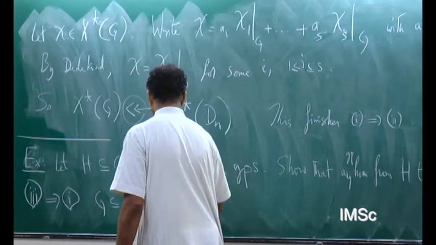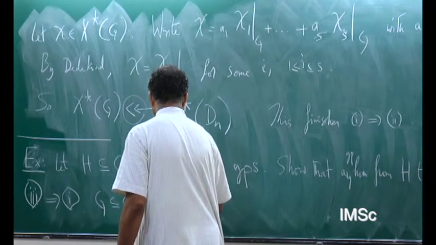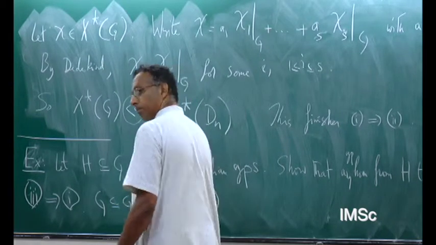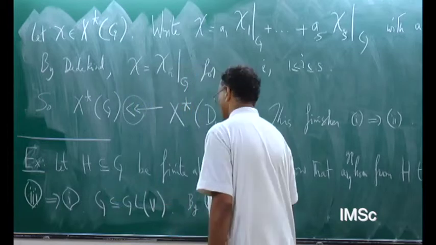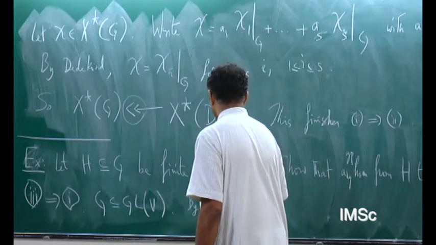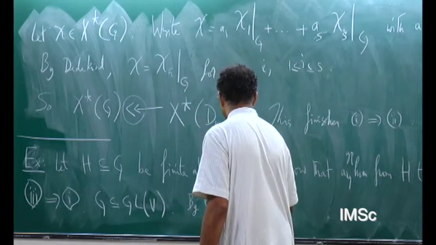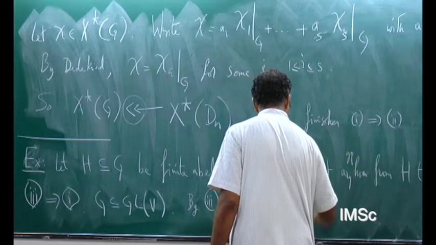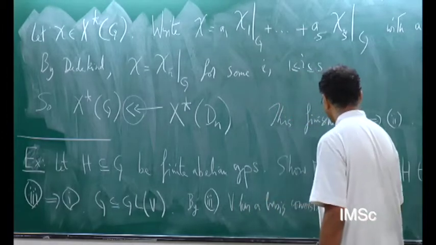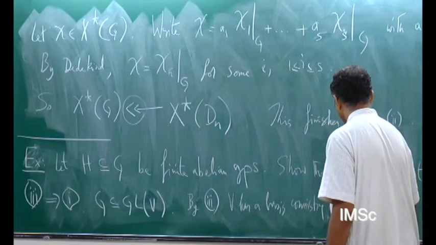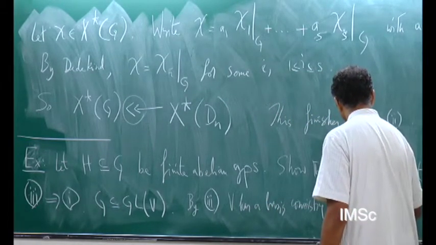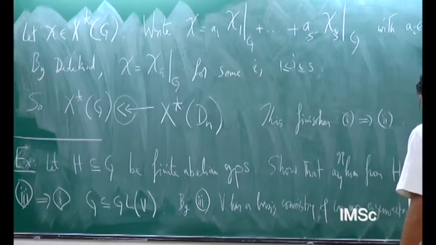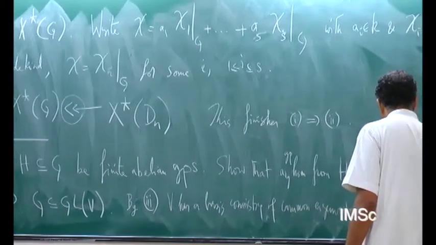So by 3, V has a basis consisting of common eigenvectors for all elements of G. Why?